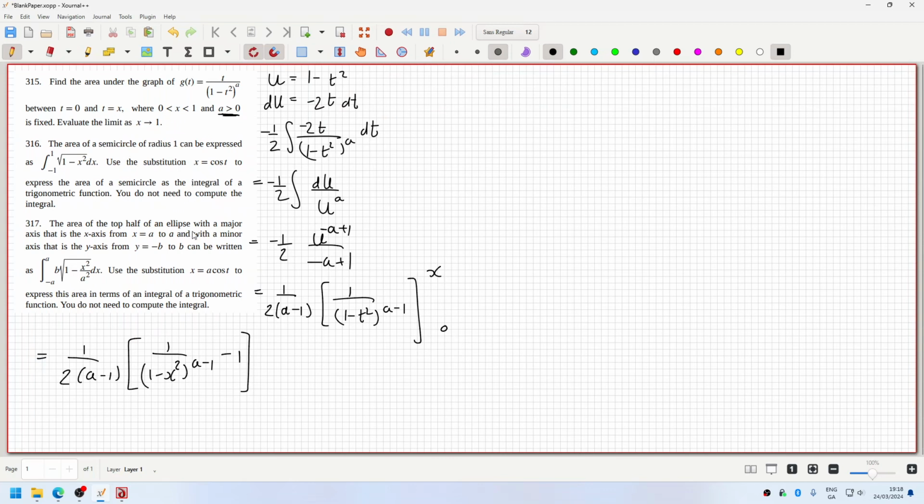And then when x goes to 1, oh, maybe this case here, (1 minus x squared) to the power 1 minus a.